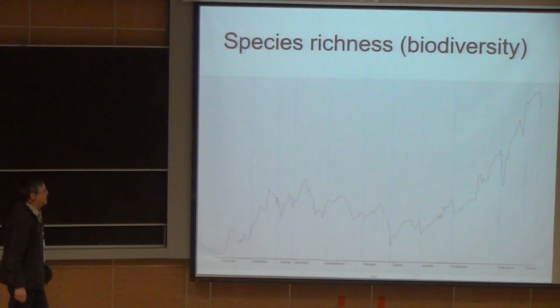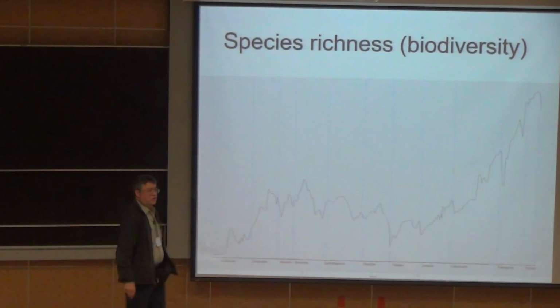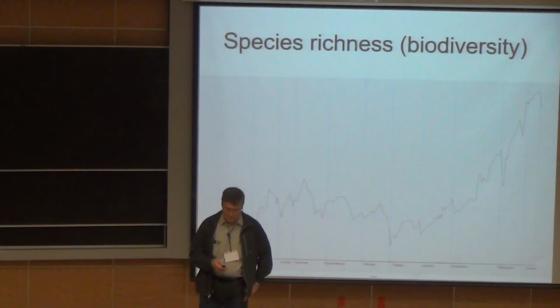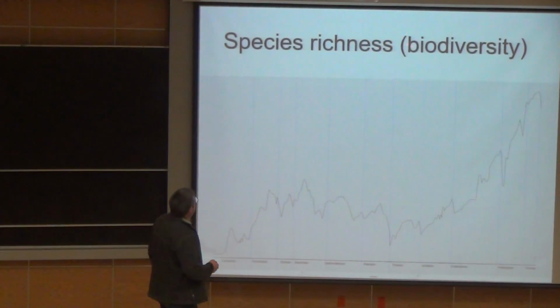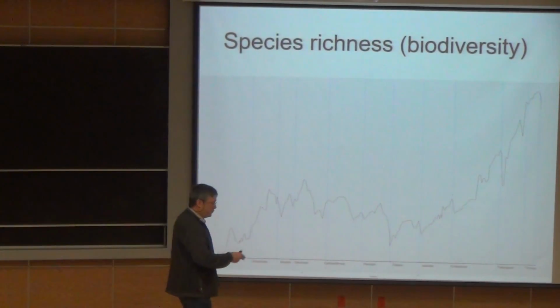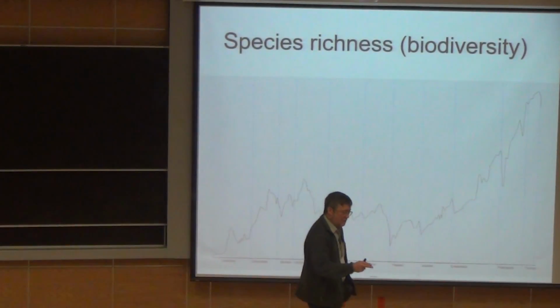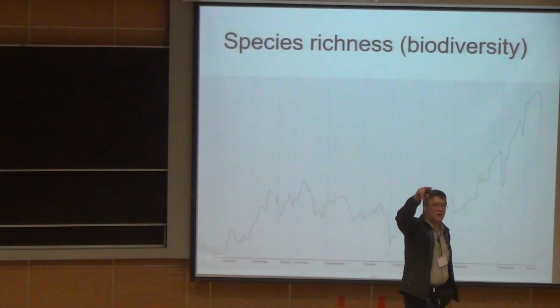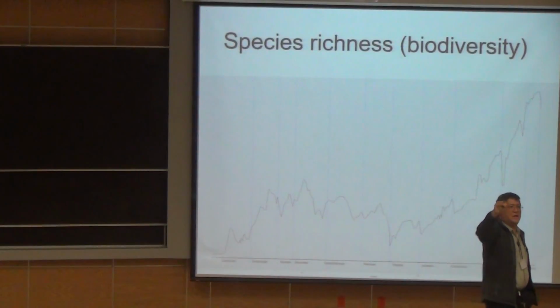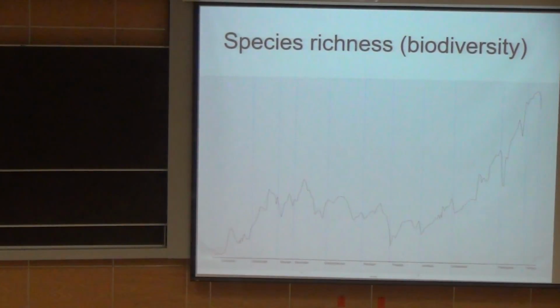This is a type of plot which you can find in the New York Times, for example. So move along the time scale in millions of years ago, and at any given time, look at how many of those blue lines are alive at that moment. This is biodiversity. So this is how many blue lines are present at any given time.